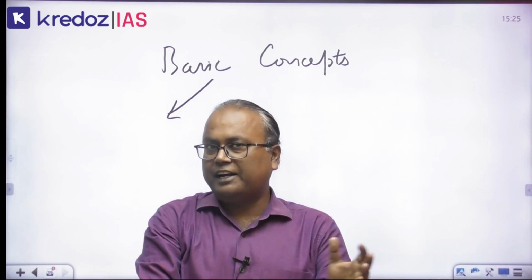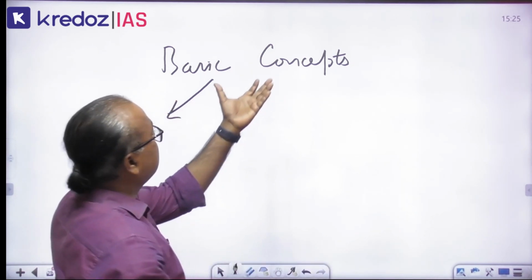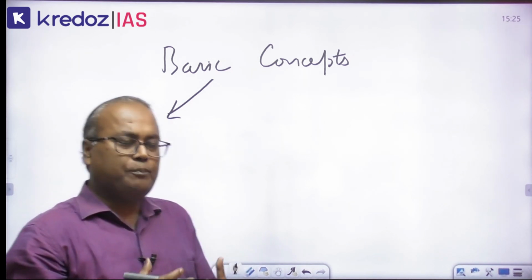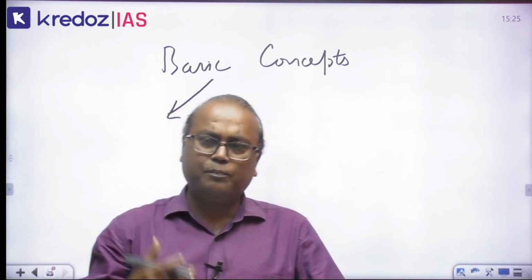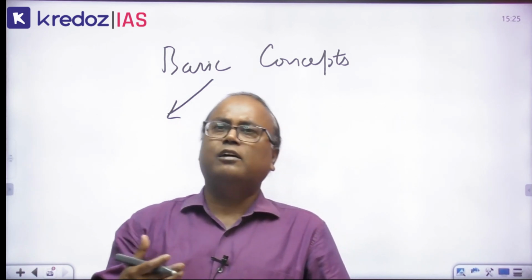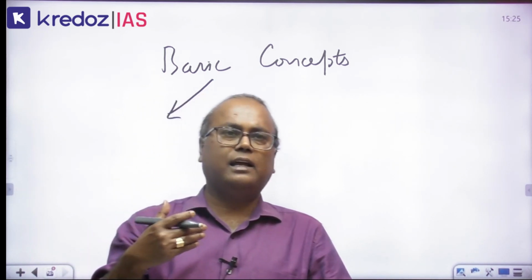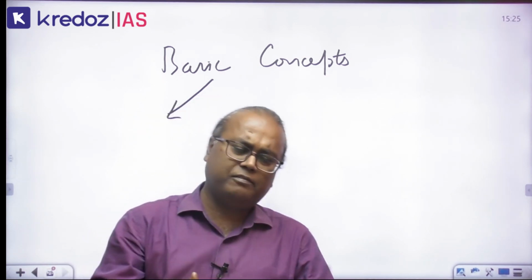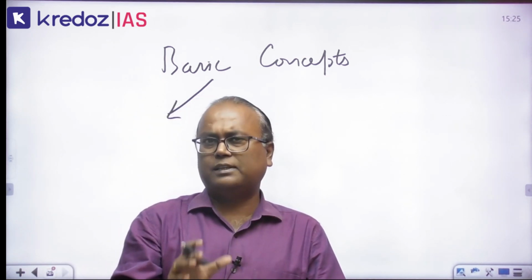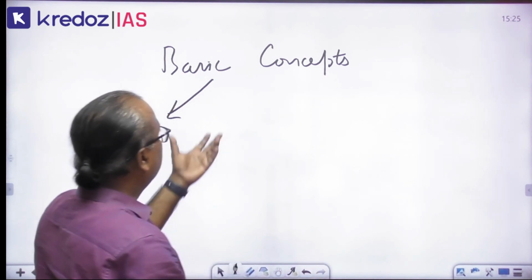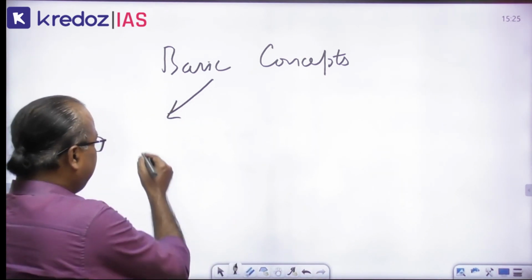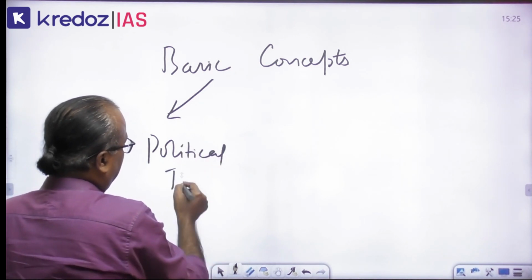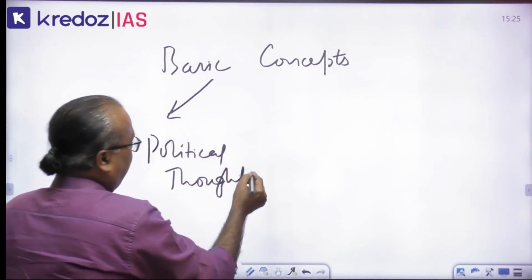After the different ideologies, we are going to discuss political thought. Even in political thought, we have Indian political thought and Western political thought. Even in Indian political thought, we have ancient and modern. One by one, we are going to discuss the syllabus part. So in the basic concepts, you have to understand what is political thought.